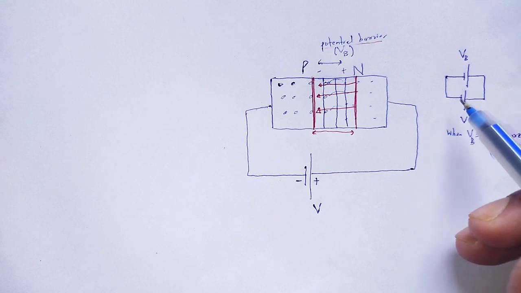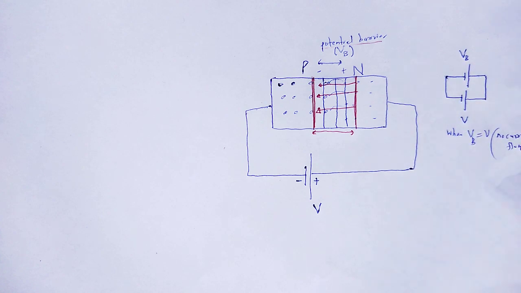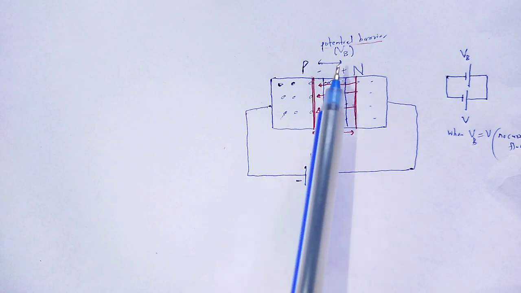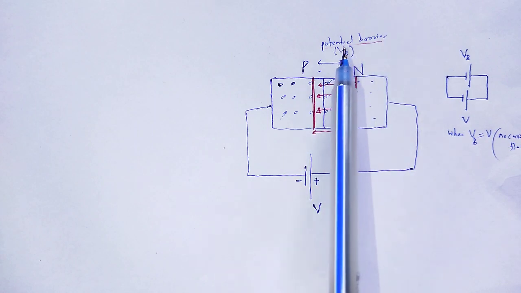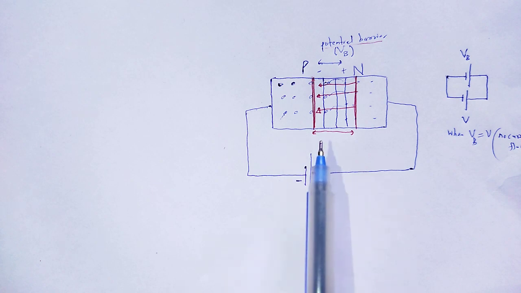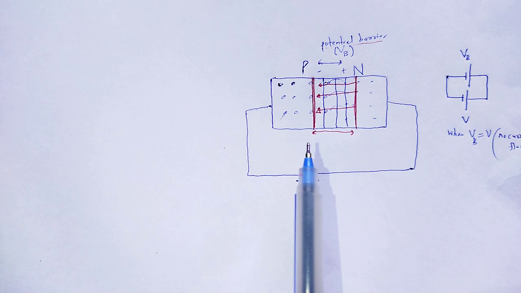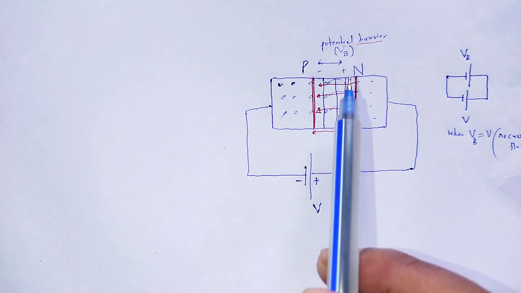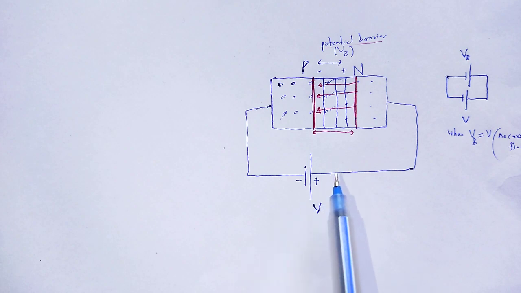As a result, no current flows through the circuit. So if the barrier potential is smaller than the external potential, then current flows through the circuit until the barrier potential is equal to the external potential.